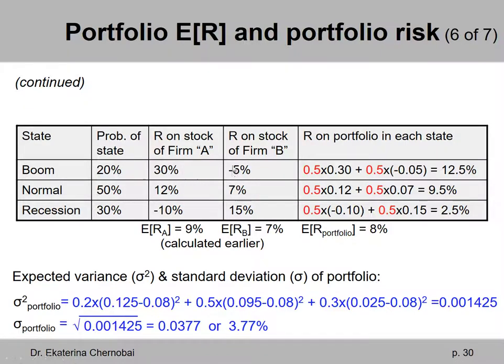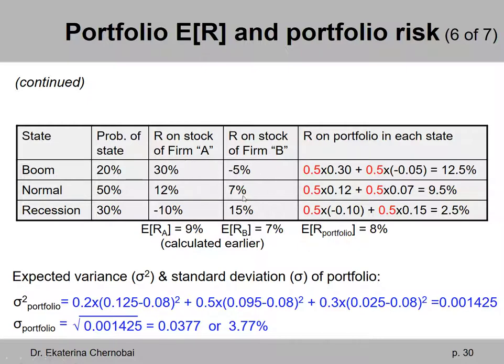Then we're never going to lose money in the boom state because even though half of our money loses 5% from stock B return, the other half of our money would gain 30%. So the losses are always offset by the gains, right? In all individual states of the economy. That's what we mean by this diversification effect, right?